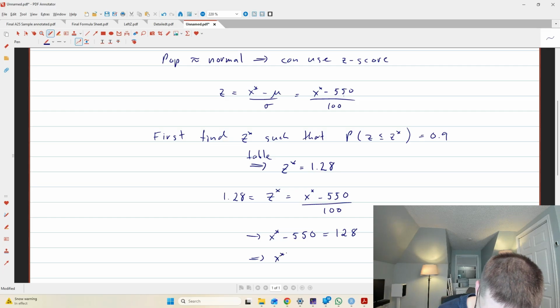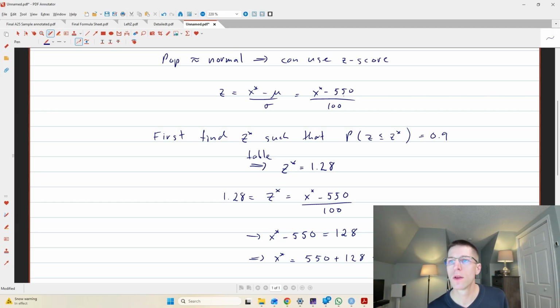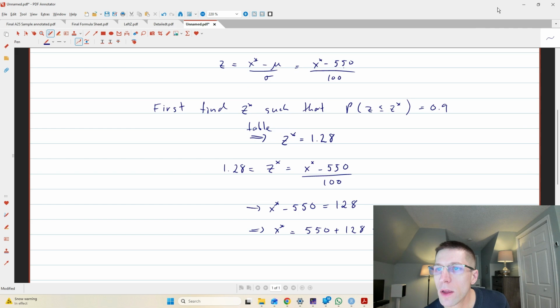So X star equals 550 plus 128, which is 678. That basically demarcates the boundary between people getting less than or equal to the 90th percentile and people getting more.